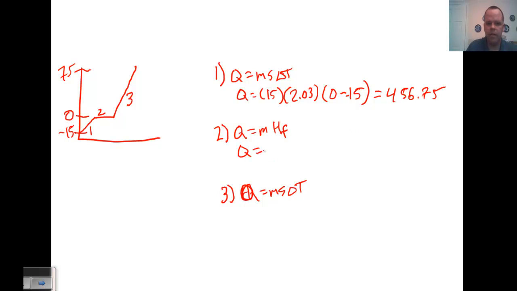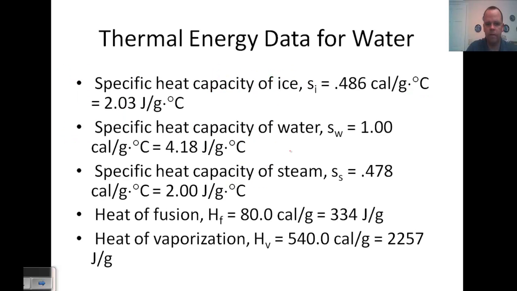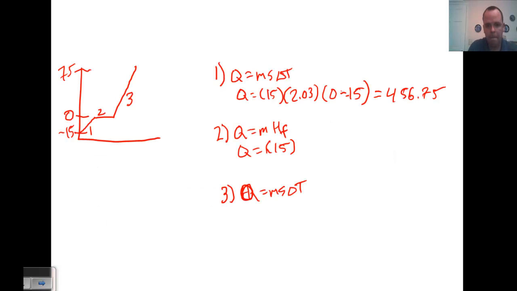Now we need to do Q equals mHF. 15 times HF. For water, HF is 334 joules per gram. So 15 times 334, 5,010 joules.